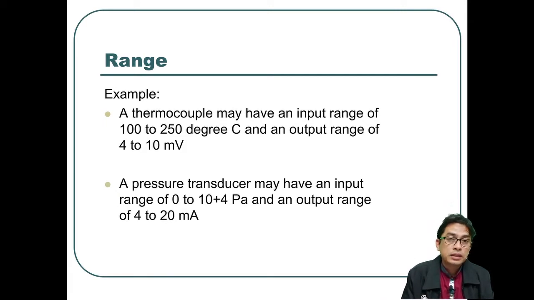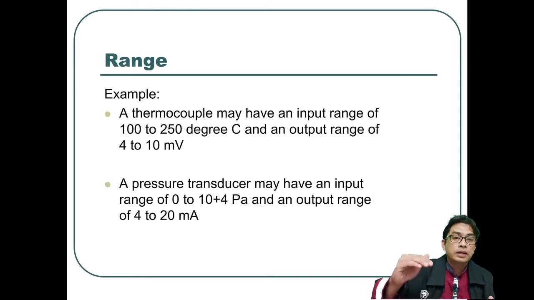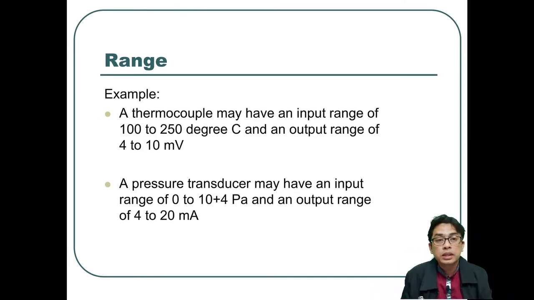So for this case, the input range is 100 to 250 degrees C, and the output range is 4 to 10 millivolt. Another example is the pressure transducer, where the input range is 0 to 10,000 Pascal, or 10 to the power of 4 Pascal, and the output is 4 to 20 milliamp.